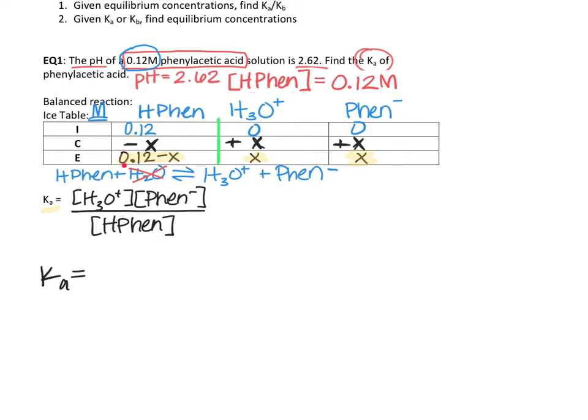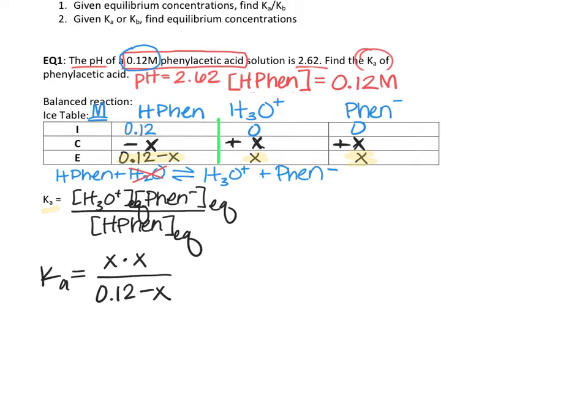Okay, so what I have so far for Ka are the equilibrium concentrations for everything in the Ka expression. So let me just go ahead and plug those in. Ka is equal to X times X divided by 0.12 minus X. Remember, all of the concentrations are at equilibrium, so that's why I'm taking 0.12 minus X and these 2 X values to plug into the Ka expression.